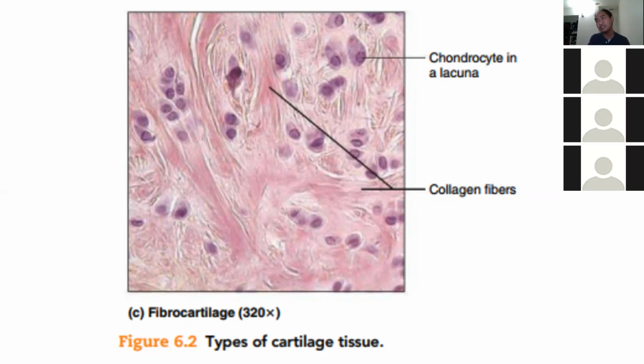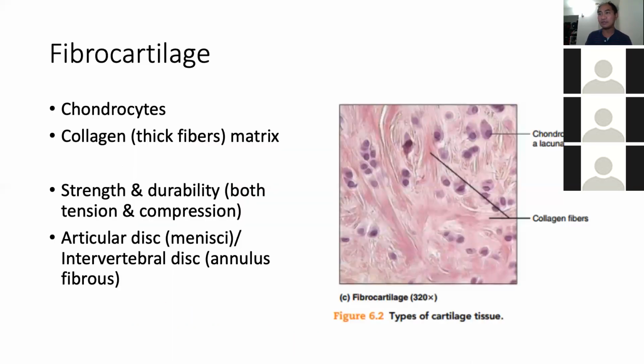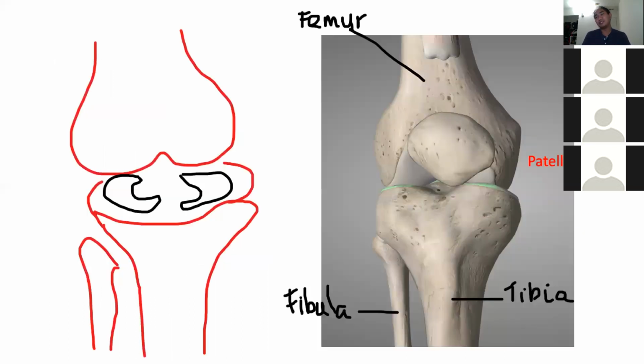It's easy to see now because these are the typical photographs. Strength and durability, both tension and compression. For example, articular disc, menisci, intervertebral disc, these are made of fibrocartilage.